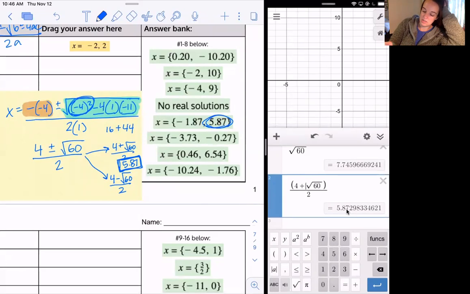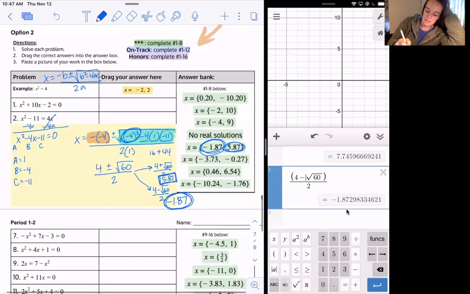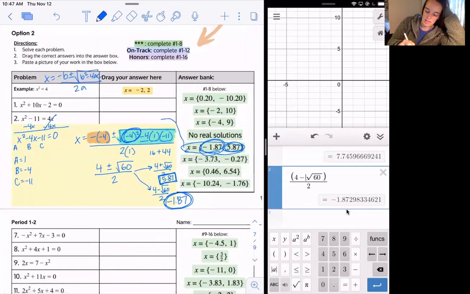And then I'm going to change this plus to a minus, and I get negative 1.87. That is my second answer. I can see that second answer here. So I'm going to go ahead and take this green block and drag it into that section there. So that would be how we would do number 2. If you don't have a calculator, everybody has a calculator like mine.